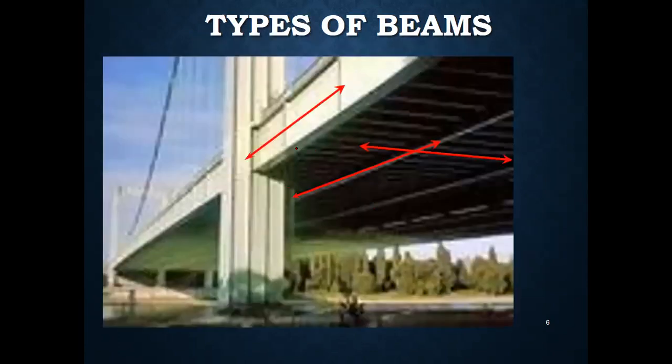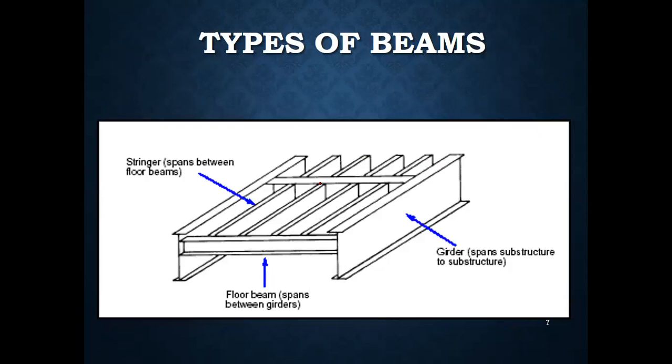If we look at our bridge structure, this is the girder, which is the outermost part, and then we have a stringer in the longitudinal direction, and then we have our floor beams. If we see a cutout section or upper part, the girder is the outermost beam which is carrying the main load, and the beams which are transferring the loads from the stringers towards the girders are called floor beams.